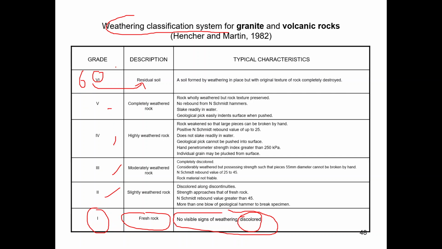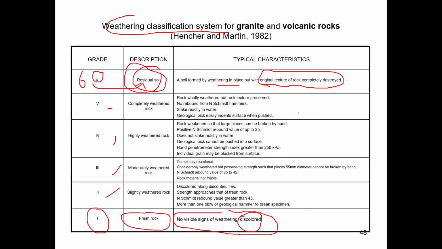So for grade 6, residual soil means it is in situ. It is not transported; this soil is formed in place, and the most important thing is the texture. The original rock's texture is completely destroyed, so if you see residual soil, it's not easy to know what the parent rock is.